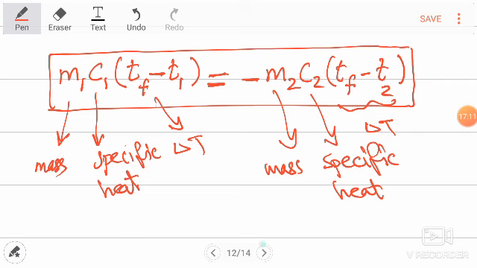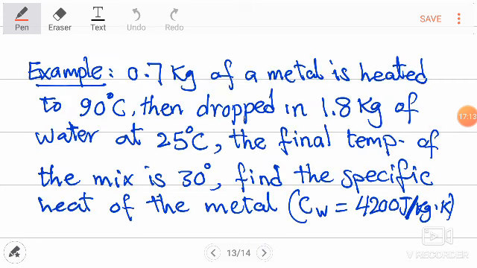Let's discuss an example. 0.7 kilogram of a metal is heated to 90 degrees Celsius and dropped in 1.8 kilogram of water at 25 degrees Celsius.